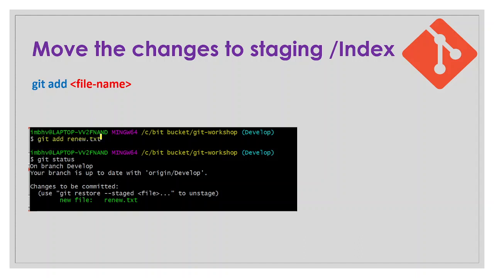Here is the example: git, space, add, space, the file name, that is renew.txt. When you add it, it won't return anything.